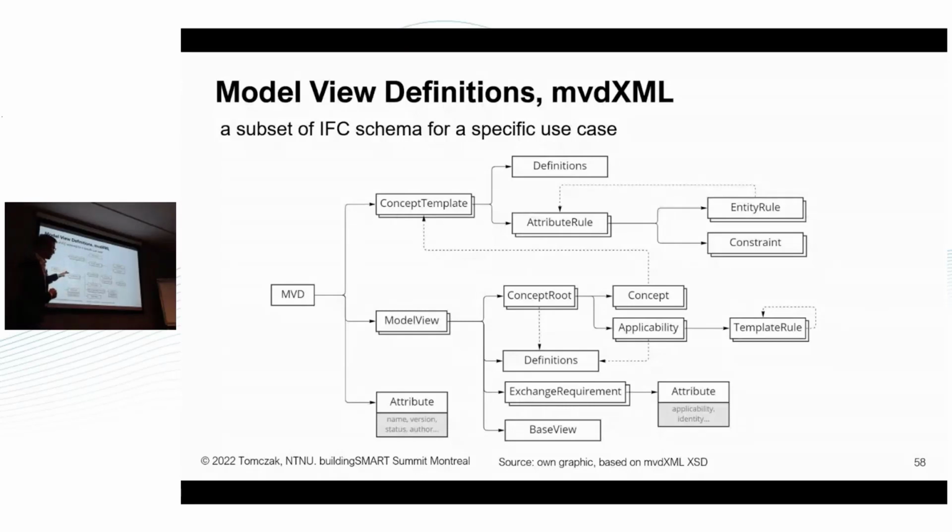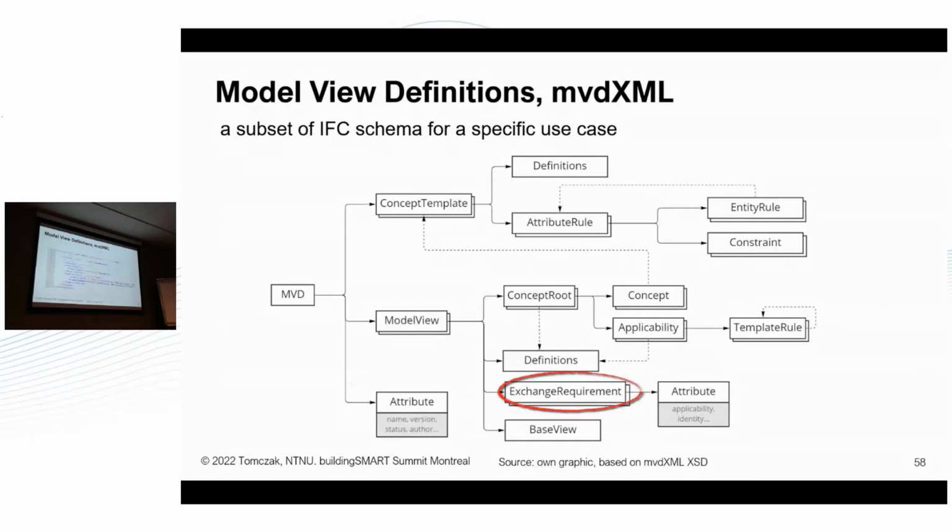But it also has these exchange requirements, one part of those model views, that have requirements on what information should be attached to each concept class of elements. And you could also ask for specific, for example, values. You can constrain them. So it's powerful.